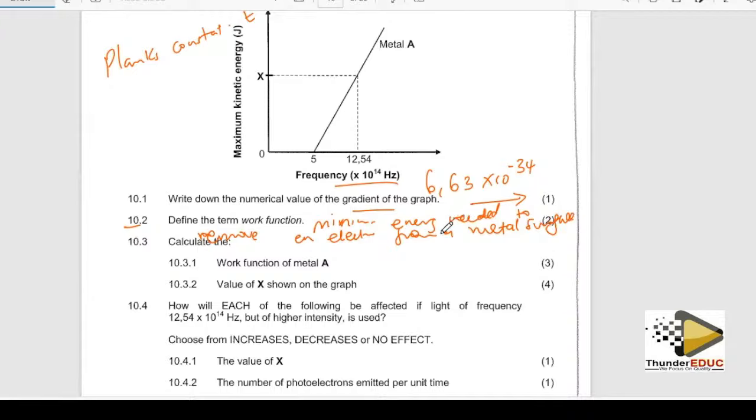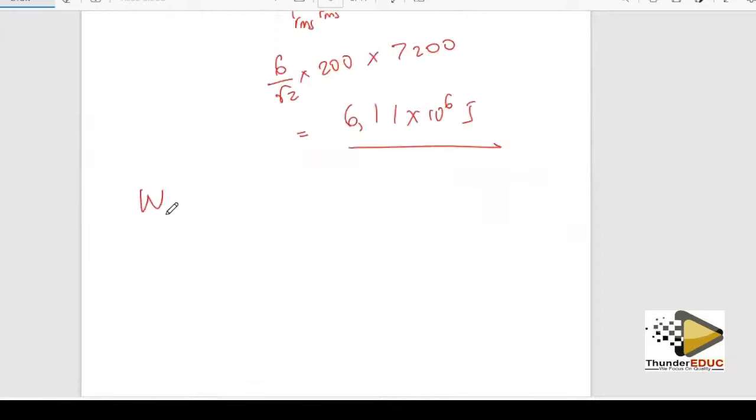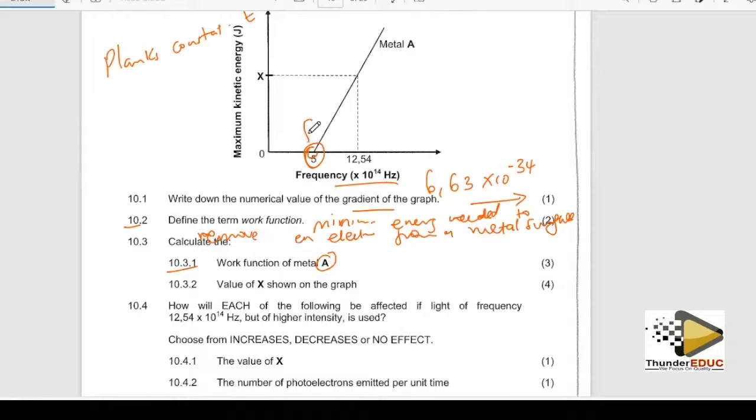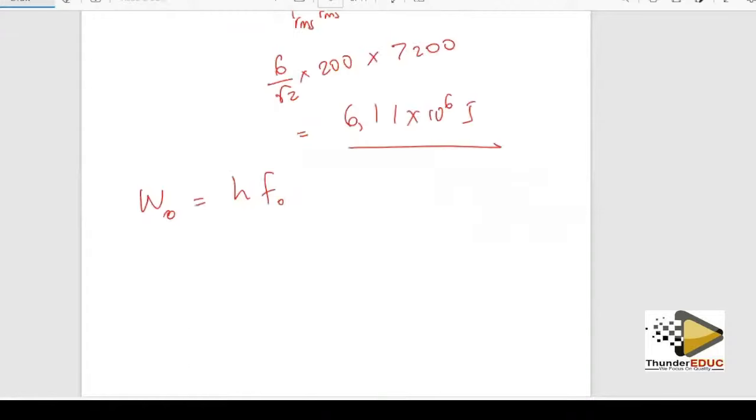Then 10.3.1, they want us to get the work function of A. Usually where the graph starts along the horizontal axis represents the minimum frequency, or the threshold frequency. So we know that work function W naught is given as h times frequency naught, because this 5 represents our frequency naught.